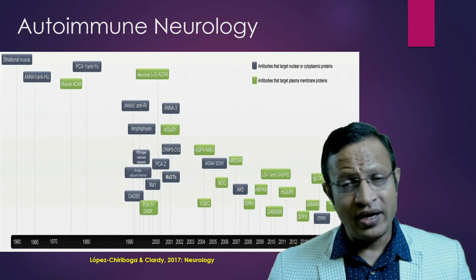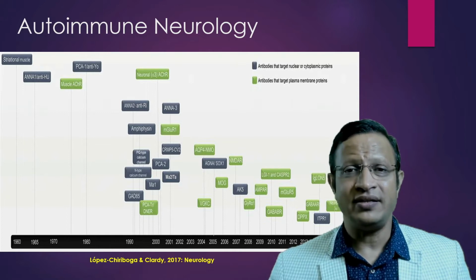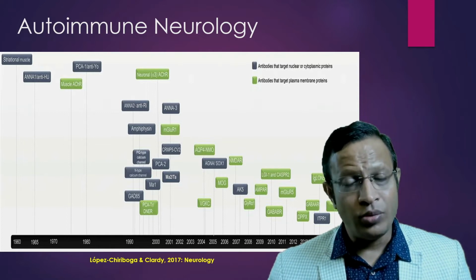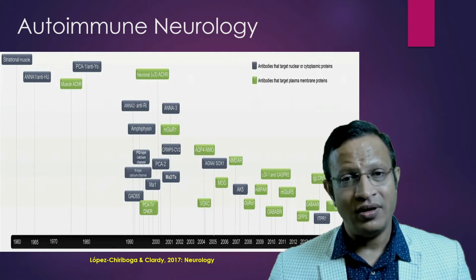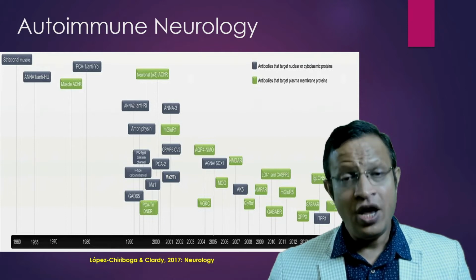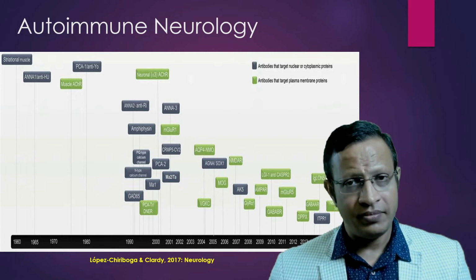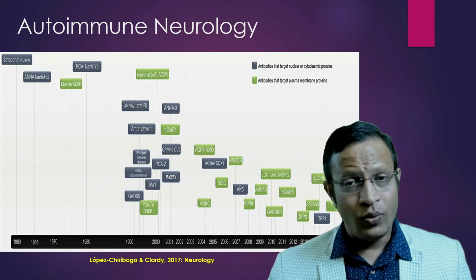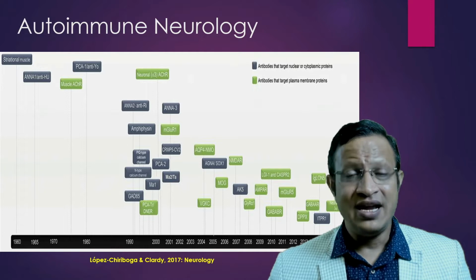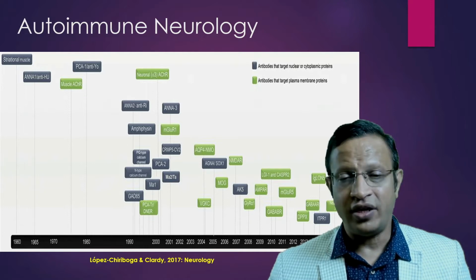We are able to recognize these encephalitides and how autoimmunity is playing an important role in causing these diseases. We are able to unravel those diseases and we are able to treat them. That means we are progressing at a fast rate. At the same time, we need to update our knowledge.